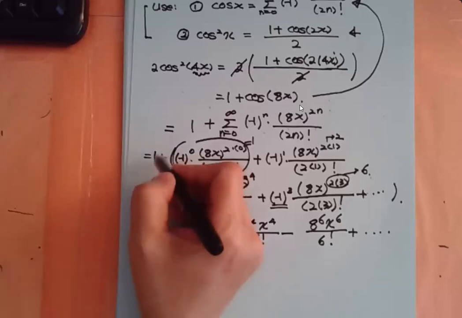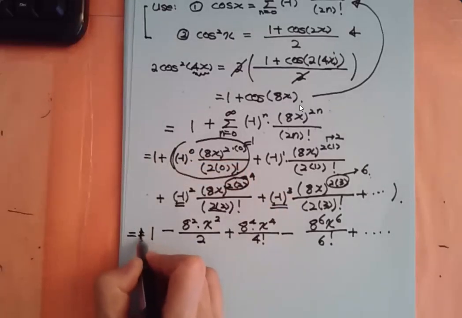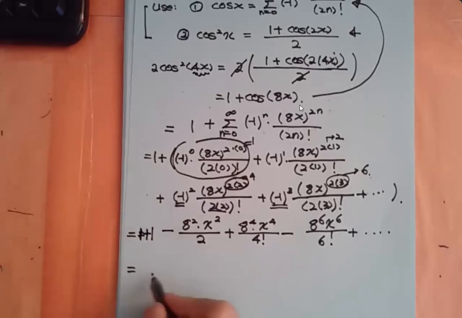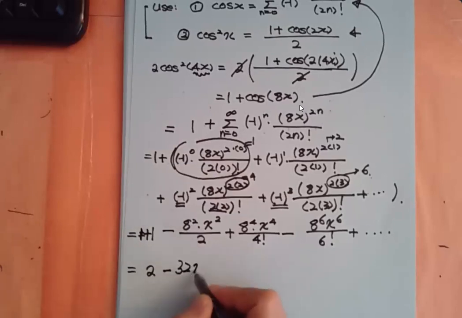So I missed this one, I dropped this one, so I have to write 1 plus. So this one is 2 minus, this is 64, so 32 x squared.